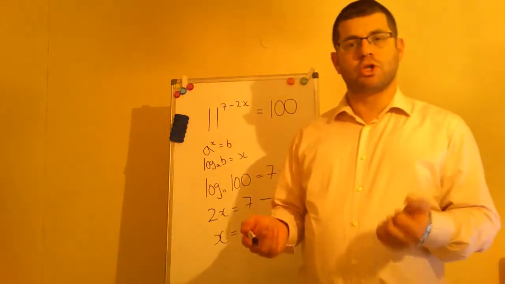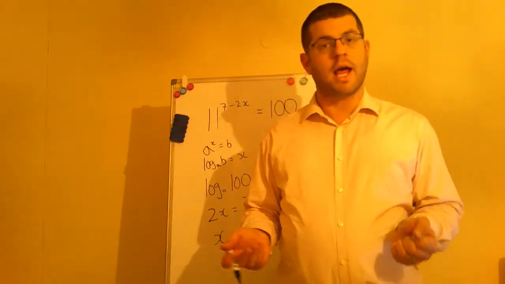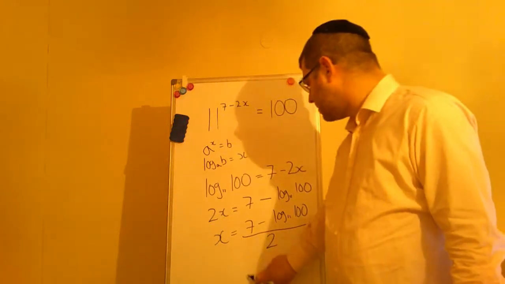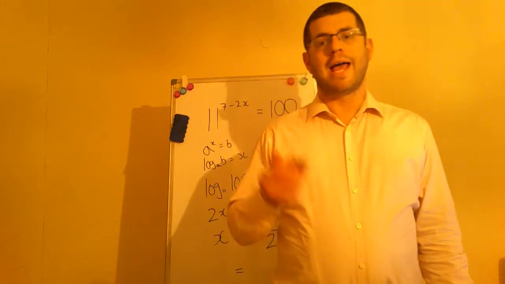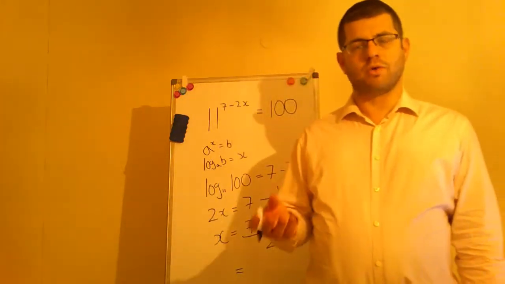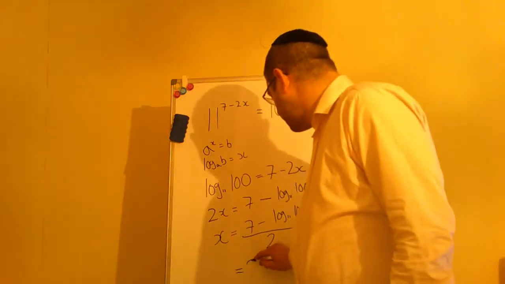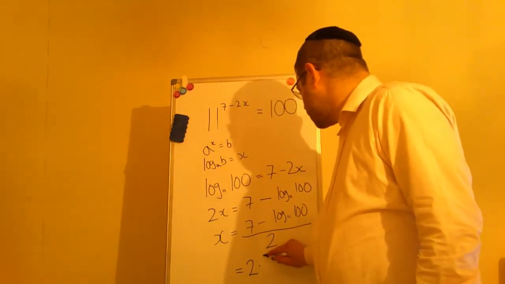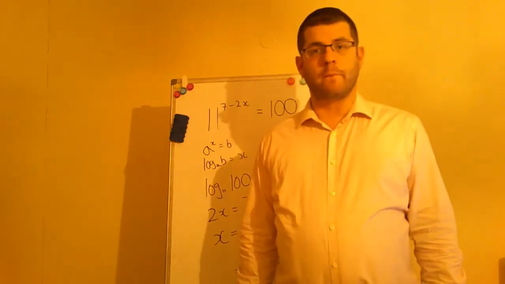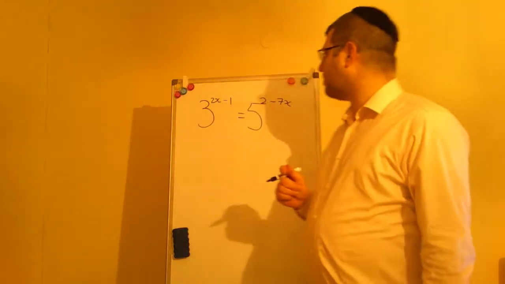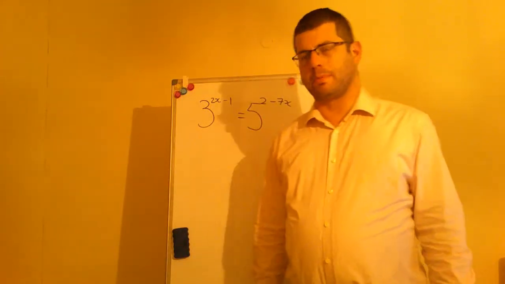But if the exam wanted you to find it to 3DP, 4SF, something like that, you then type that into your calculator and you come out with a solution to a sufficient amount of accuracy as determined by the question. So to 3SF, that would be 2.54.